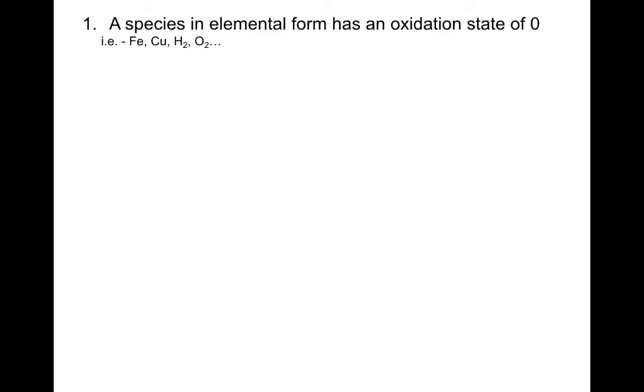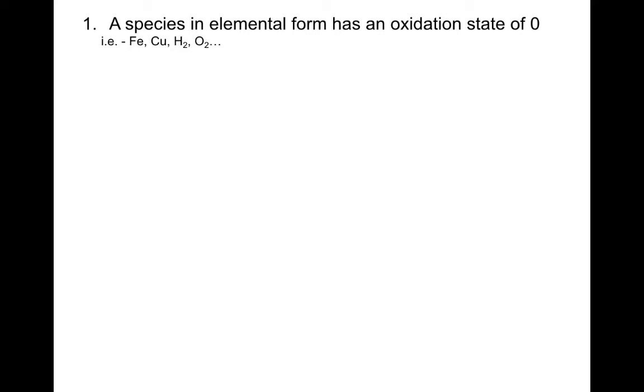So if we're looking at an individual compound or if we're looking at an entire reaction, we still apply these rules, and we apply them in order. The first thing you want to look at is, do you have any species that's in an elemental form? If you do, then it has an oxidation state of 0. An example of that is if you had something that's just iron, just copper, just hydrogen H2, just oxygen O2.